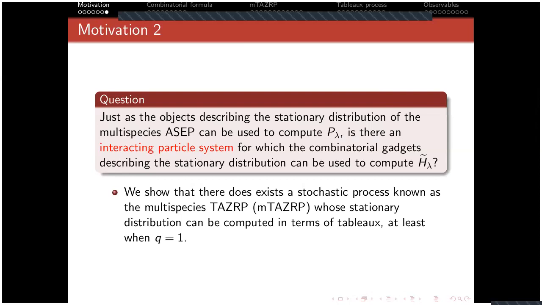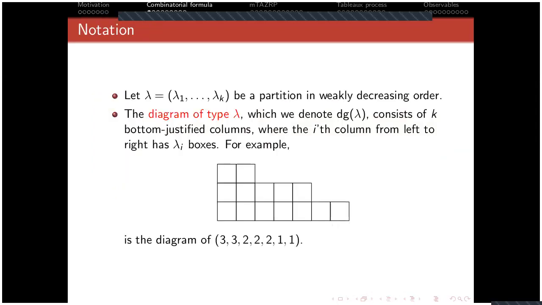And the question was, is there another interacting particle system which corresponds to H tilde? So the Macdonald polynomials were useful for ASEP. Is there something else for which the modified Macdonald polynomials are useful? And we will show that there's a multi-species zero range process which works.